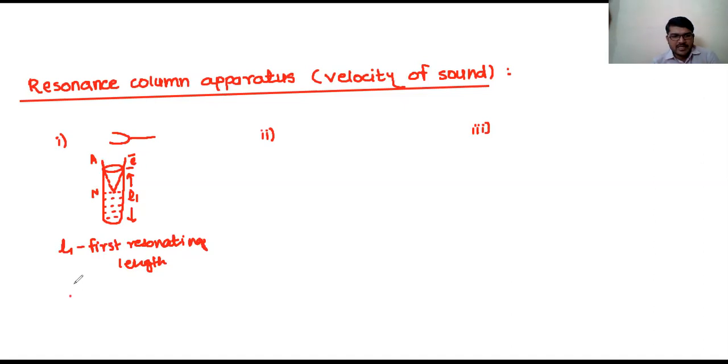So here I can write L1 plus E is equal to lambda by 4.